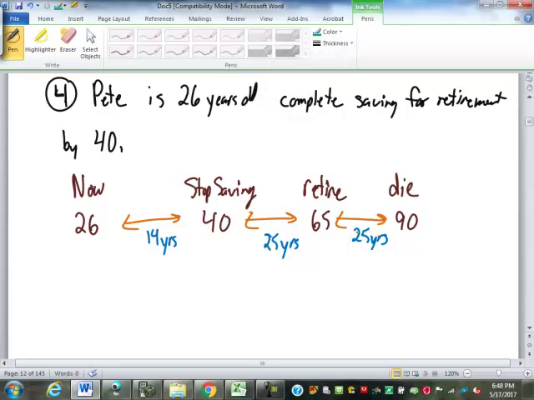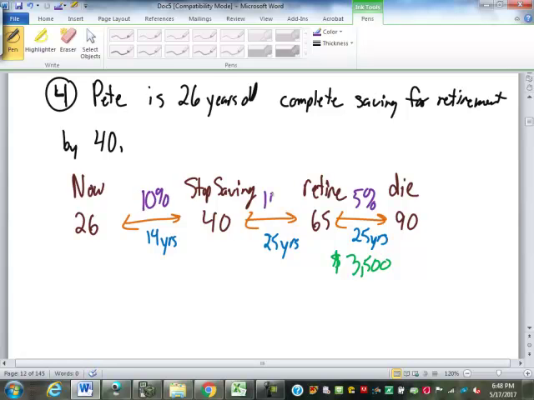Payment-wise, we know that Pete wants to draw out $3,500 a month in retirement. And Pete feels that in retirement, he can earn 5%. And while investing, he feels he can earn 10%.